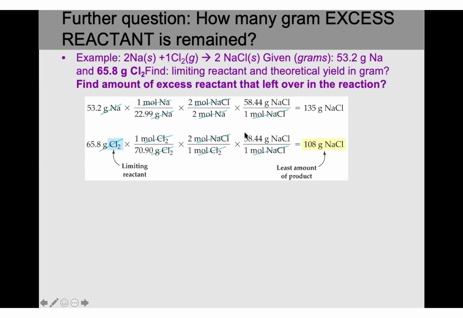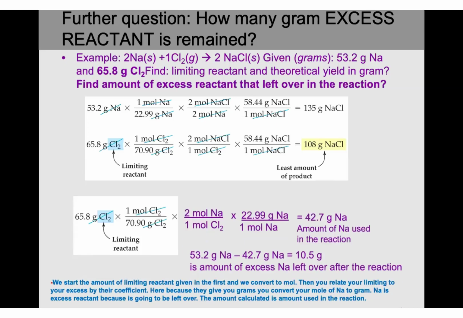Okay, so how can we find the excess? We already found the theoretical yield and limiting reactant. We already know Na, or sodium, is the excess. So we always start with the limiting reactant here. When you have grams, you convert to the mole.